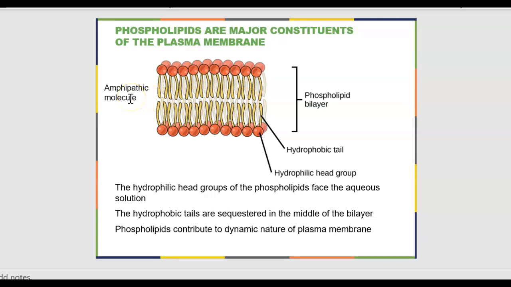This kind of a molecule, a phospholipid, is called amphipathic. It just means that part of it is hydrophilic, the heads, and some of it is hydrophobic, the tails. Amphi, like amphibian. It's kind of like it has a dual life or dual nature, so amphipathic.